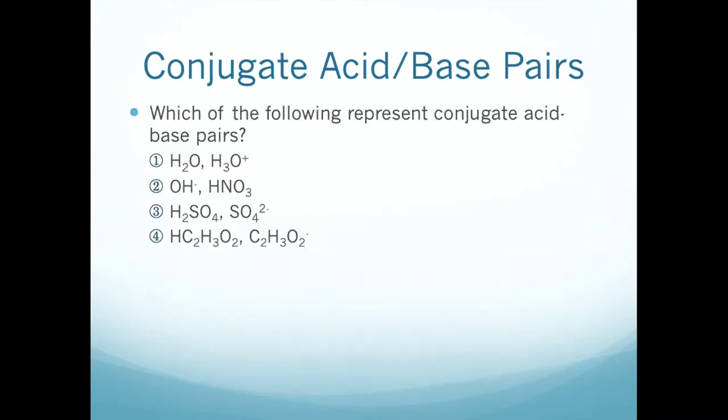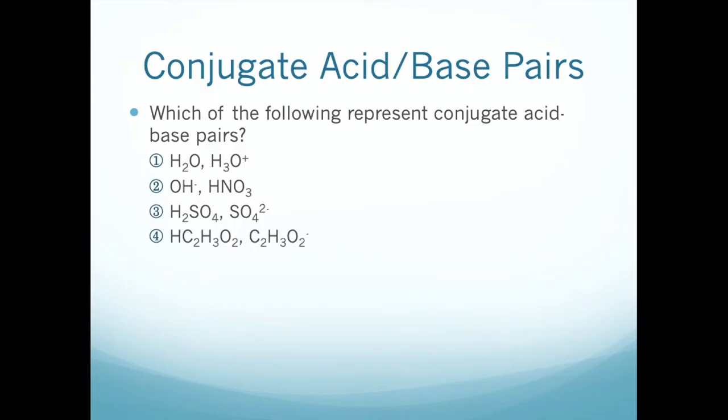Okay, let's practice this. Here are some examples of just 2 different molecules or ions. Ask yourself, are these conjugate acid-base pairs? That first one should be pretty straightforward. I think I even referred to this as an example.